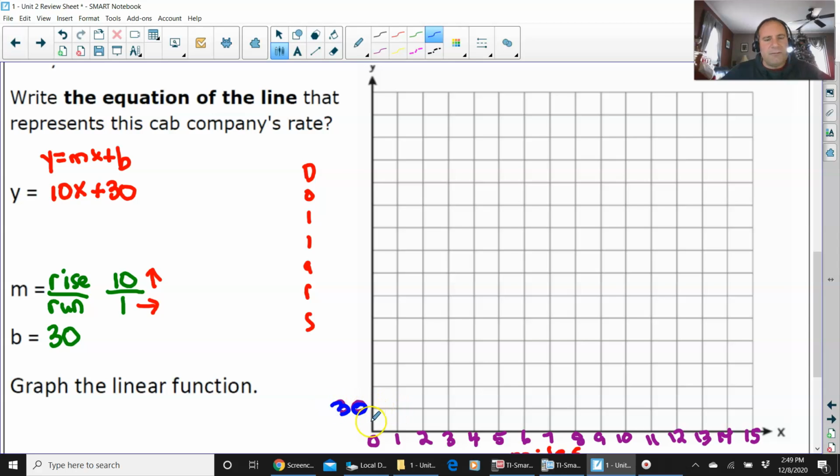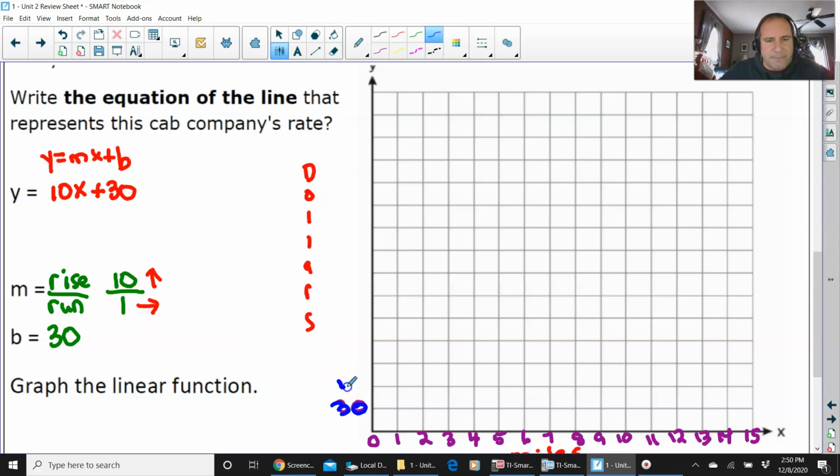And that's the reason why. The reason why is because nothing before 30 matters. Because the person got into the cab and the cab driver said $30. So listing 20 or 10 or whatever, it doesn't even matter. So we're going to go up to 30 and then we're going to rise 10. We're going to use our slope and run 1.